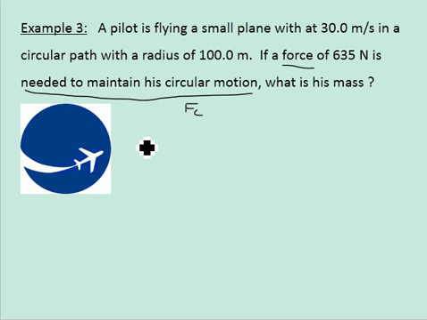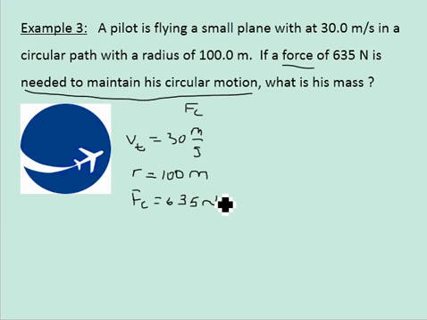So what do we have? We have linear speed equals 30 meters per second from our problem. We know the radius of our circular path is 100 meters. We know the centripetal force is equal to 635 newtons. And we're asked to find the mass.